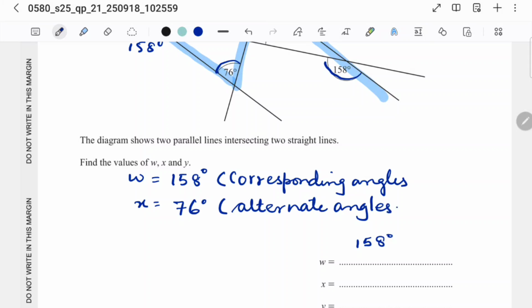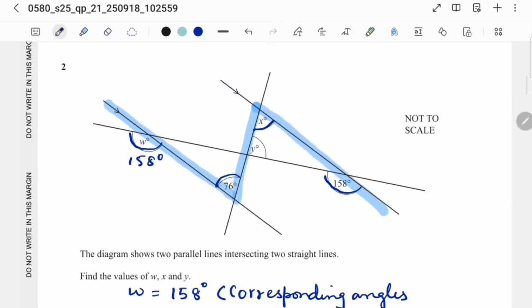Now the third one, which is this 76, and the value of y. You can find the value of y by many methods. You can find it by subtracting 158 from 180 degrees to find this angle. Or you know one more thing, that the exterior angle is equal to the sum of the opposite interior angles.